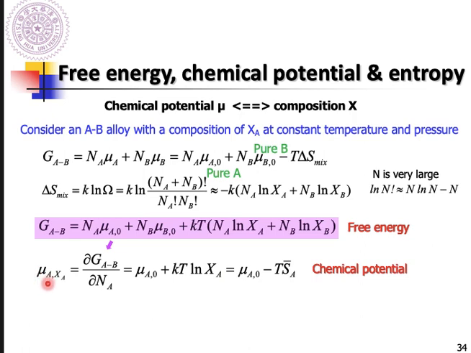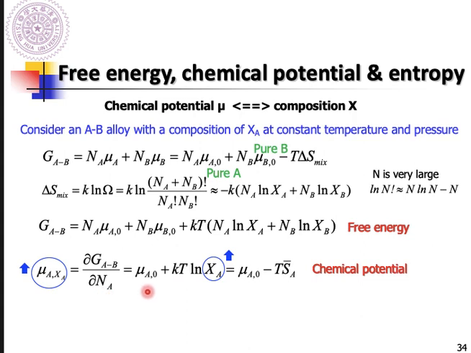So mu A, the chemical potential of atom A at composition XA, equals mu A0, the chemical potential of atom A in the pure material, plus KT log XA. What does this tell you?